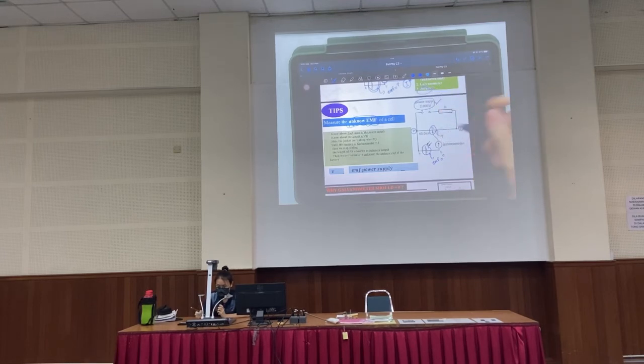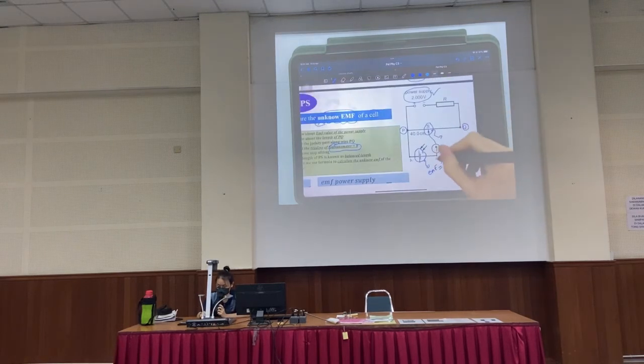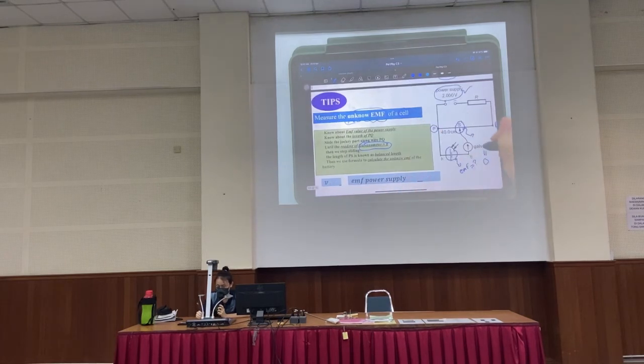We will slide this jockey until the galvanometer reading equals 0. When the galvanometer equals 0, it means the current flow is also zero, so there is no current flowing through this circuit. When we get the reading equal to 0, we stop sliding it. The length here will be known as the balance length.